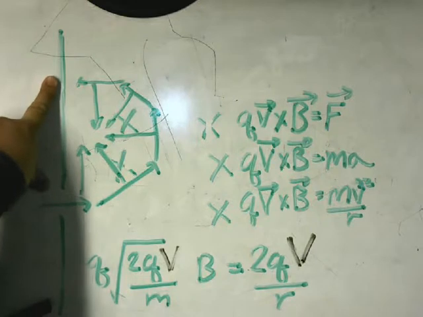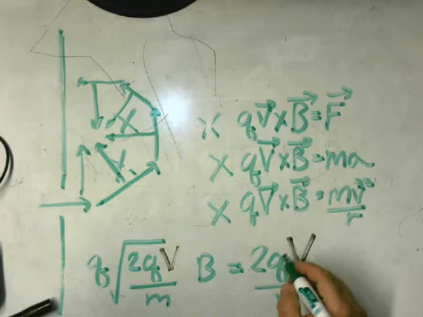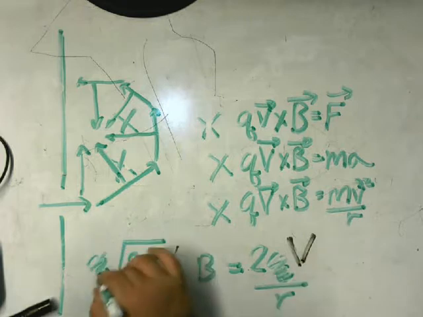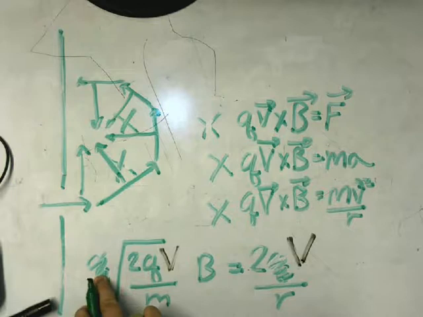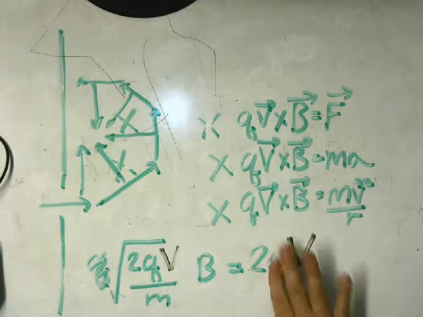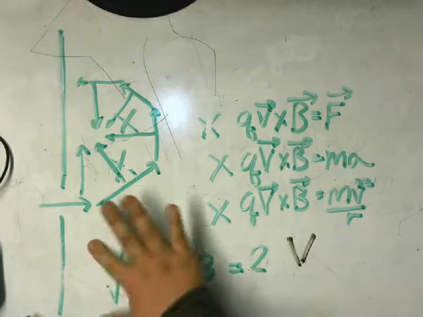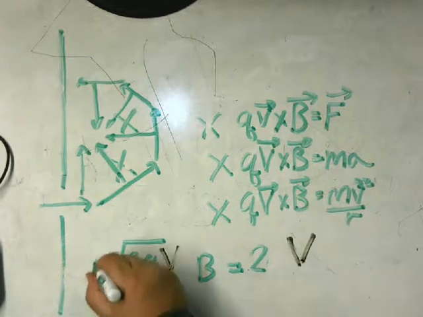I hope so. Okay? So the first thing I'm going to do is remove this Q and this Q. The second thing I want to do is get R by itself. So I'm going to move it over to this side. So that R goes over to the other side. These two Q's drop off. And I'm left with an R over here. Now, to get it by itself, I need to move all this stuff over to the other side.